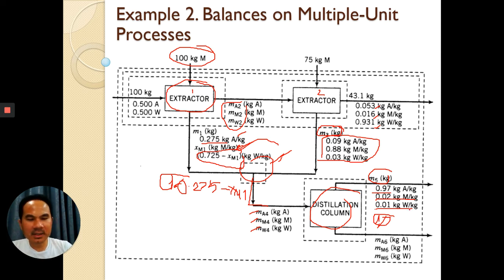For the bottom product, we don't know the composition or the mass, so we denote them MA6, MM6, MW6. This is the flow chart, with all known and unknown information written in.